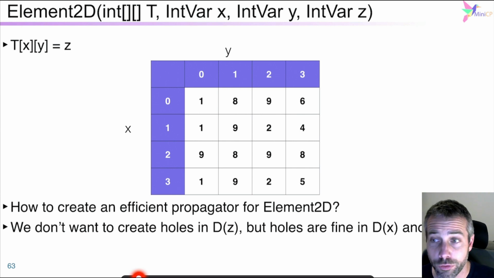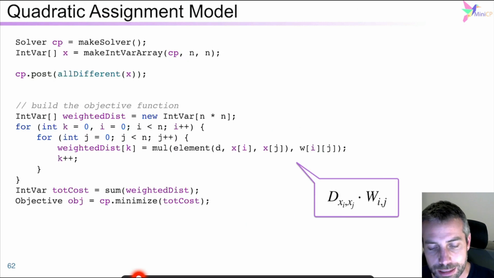And the first question that we should ask ourselves is, do we want to create holes in the middle of the domain of z? And are we fine with creating holes in the domains of the variables x and y? Which one is the most interesting? To answer that question, we should consider the fact that the result of the element constraint here is involved in a sum constraint.